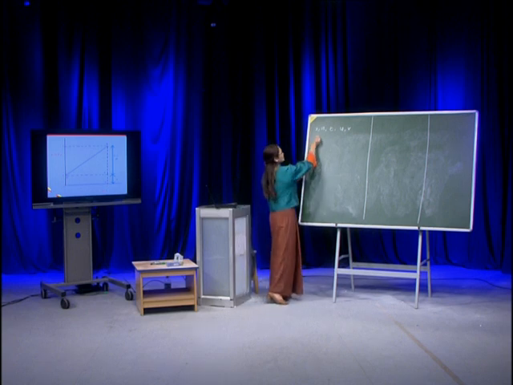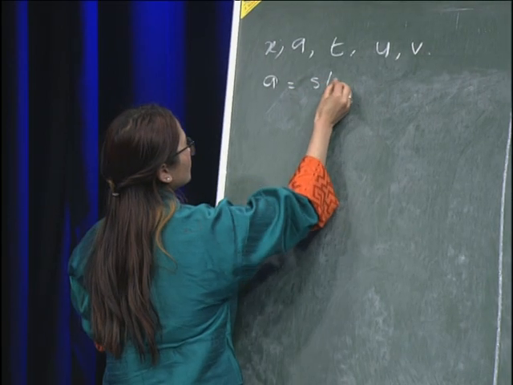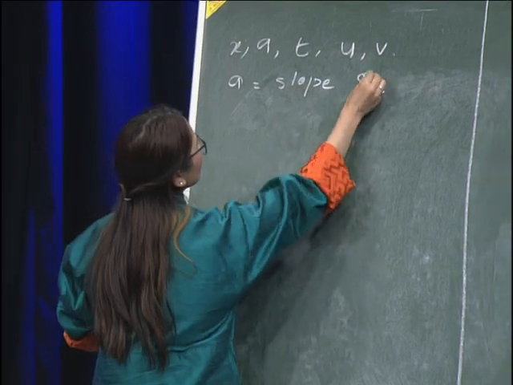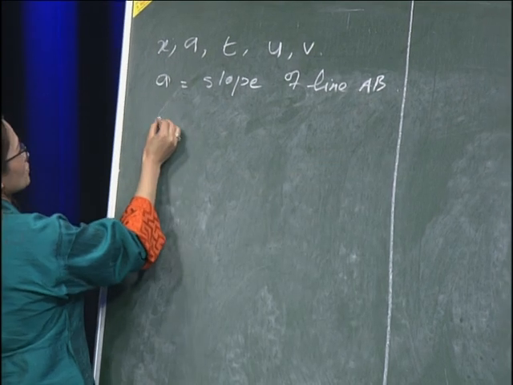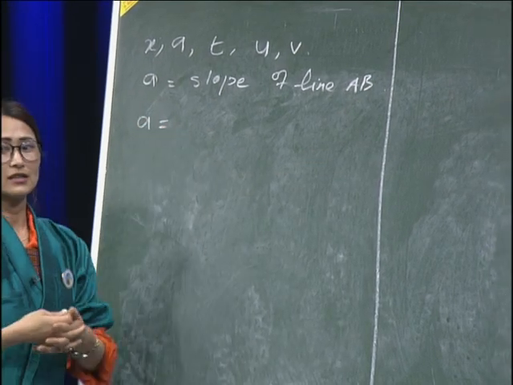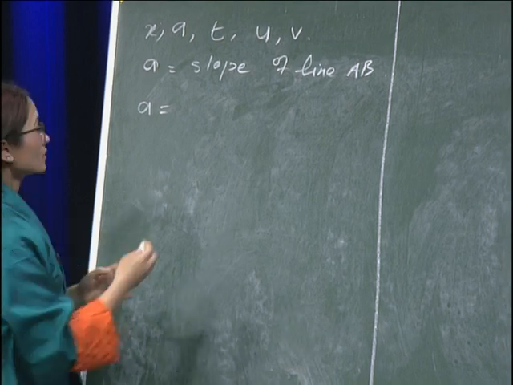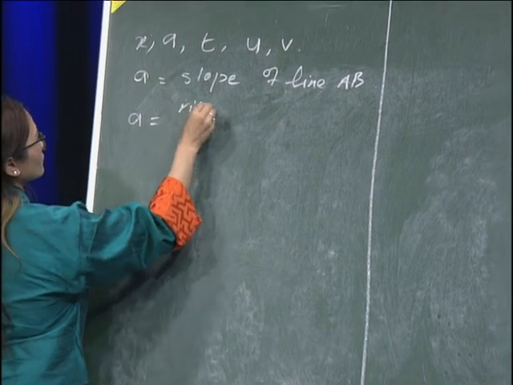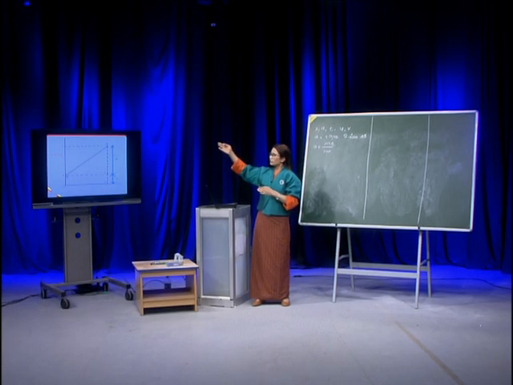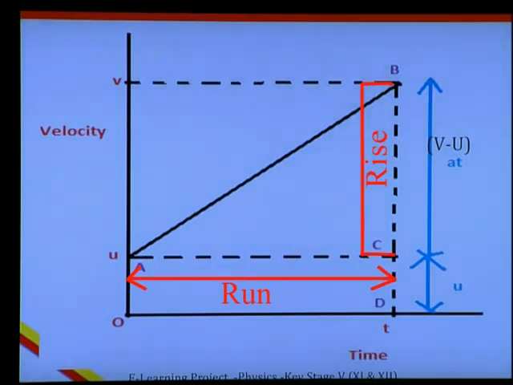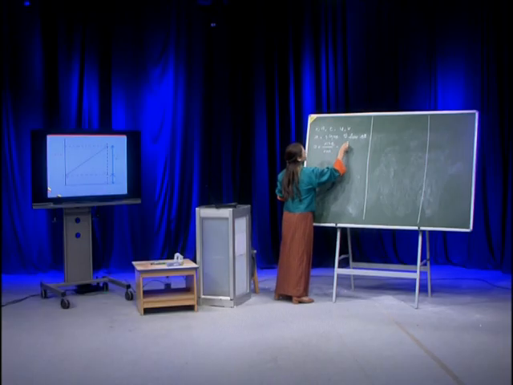So our acceleration a will be equal to the slope of line AB. And how do we calculate the slope here? It is rise over run. So a equals rise over run. By looking at the graph, we can clearly see that the rise here is BC and the run here is AC.